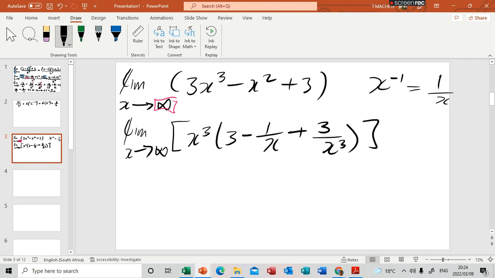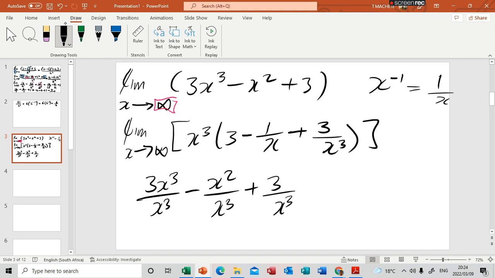How did you get that 3 over x cubed? That's what I was explaining earlier on. Remember when I said 3x cubed over x cubed? You divide everything by that x cubed. You say minus x squared over x cubed, and then plus 3 over x cubed.